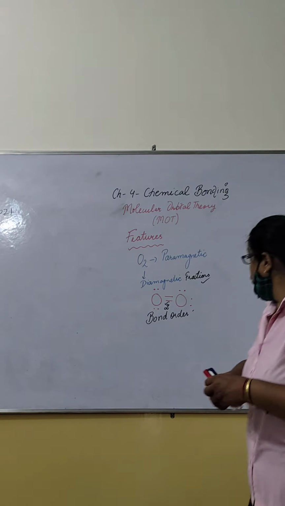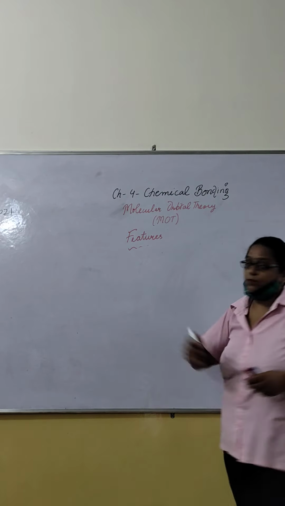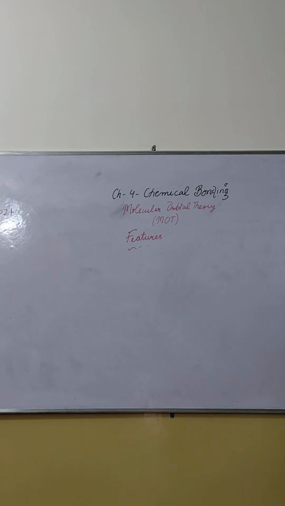Okay? So what are the salient features of this molecular orbital theory? Like in valence bond theory, the atomic orbitals overlap. You remember the orbital overlap concept? Half-filled orbitals combine.